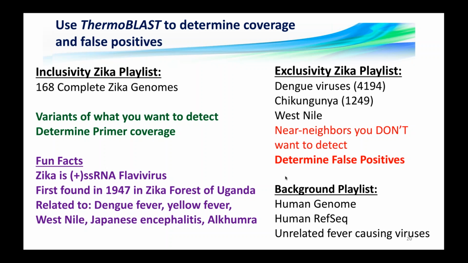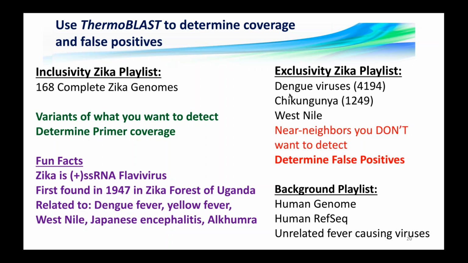Alternatively, ThermoBLAST can be used to determine false positives. If you take a set of primers and scan them against viruses and bacteria that might cause a false positive in your assay, then you would find these false positives. ThermoBLAST is wonderful for this. It's very easy to make collections of near neighbor viruses, like a dengue fever virus is also a flavivirus, like the Zika virus is.